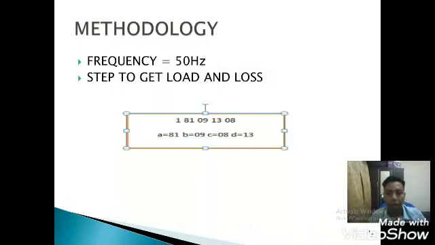For the frequency, we get 50 Hz. We also know the step to get load and loss, which we get from the matric number. The value of A is 81, B is 9, C is 8, and D is 13.